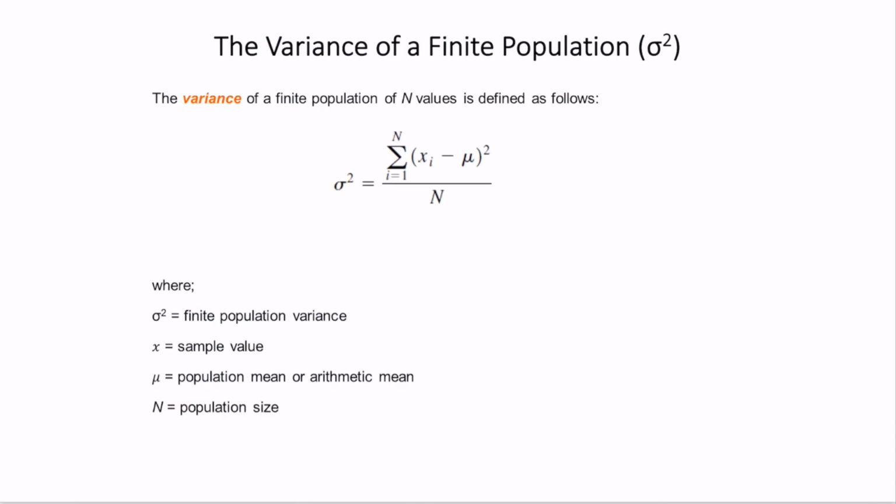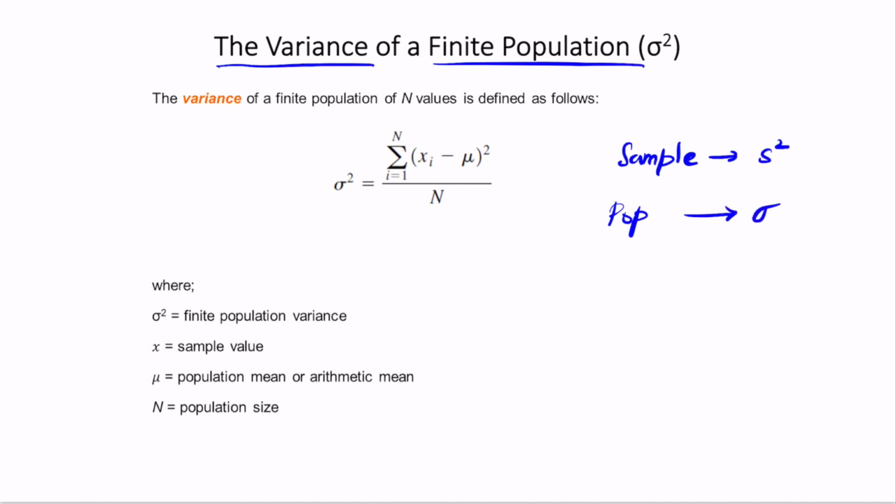Now let's continue the topic. Now let's find the variance of a population. The variance of a sample is denoted as S squared. For a population, the parameter is sigma squared. Sigma squared is the exact same formula. So sigma squared is sigma xi minus, remember that x bar is for the sample, so in place of x bar, we use mu.